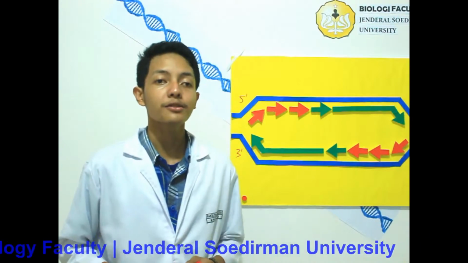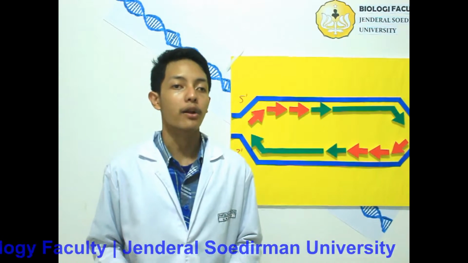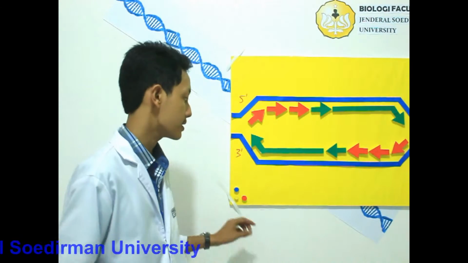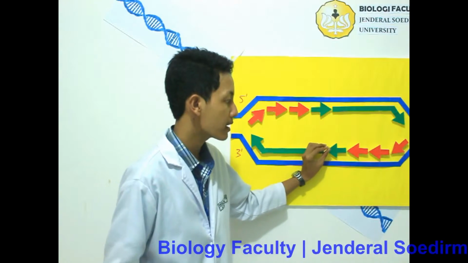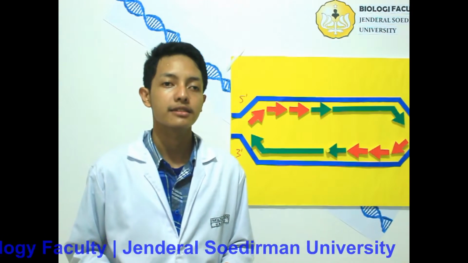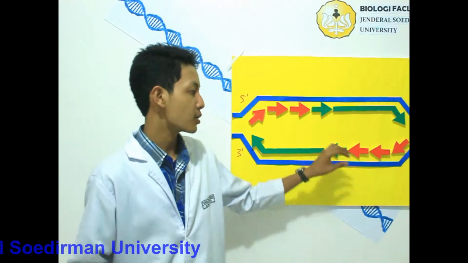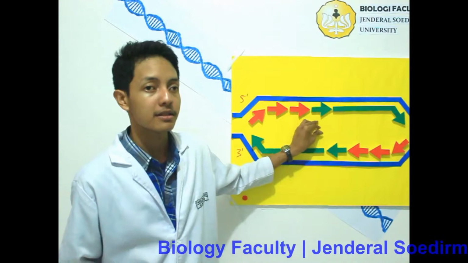To start the new synthesis, phosphate and nucleotides must bind with the 3' free hydroxyl group end, and with the help of a primer, new nucleotides are synthesized. When one synthesis process is complete, the primer will be removed.